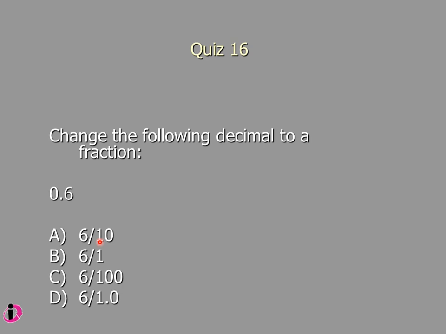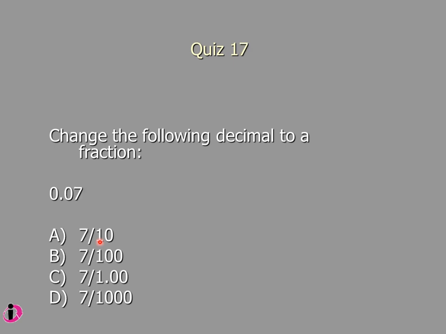How do I do it? 10 I can write as 2 times 5, and 6 I can write as 2 times 3, so 3 over 5, right? Sometimes you may not have the lowest term among the choices, so choose whatever is best for the answer. But if you have the lowest term, you must choose that.